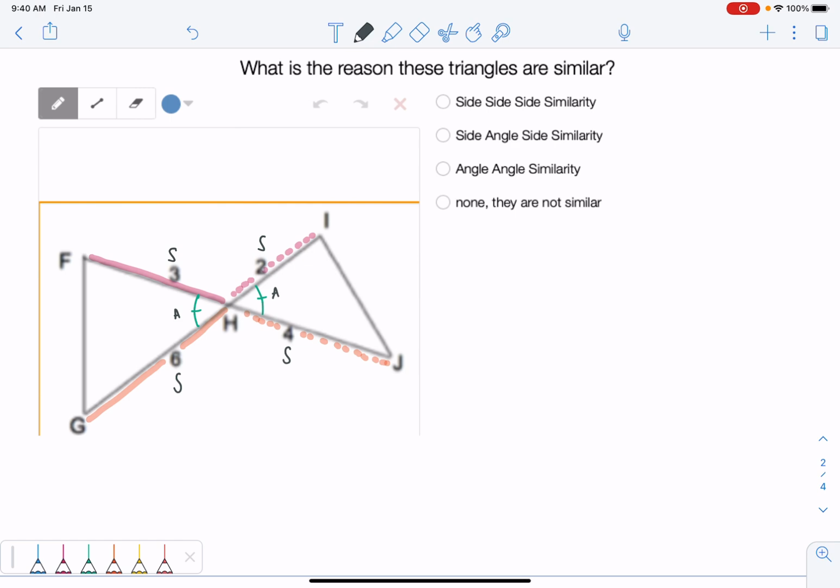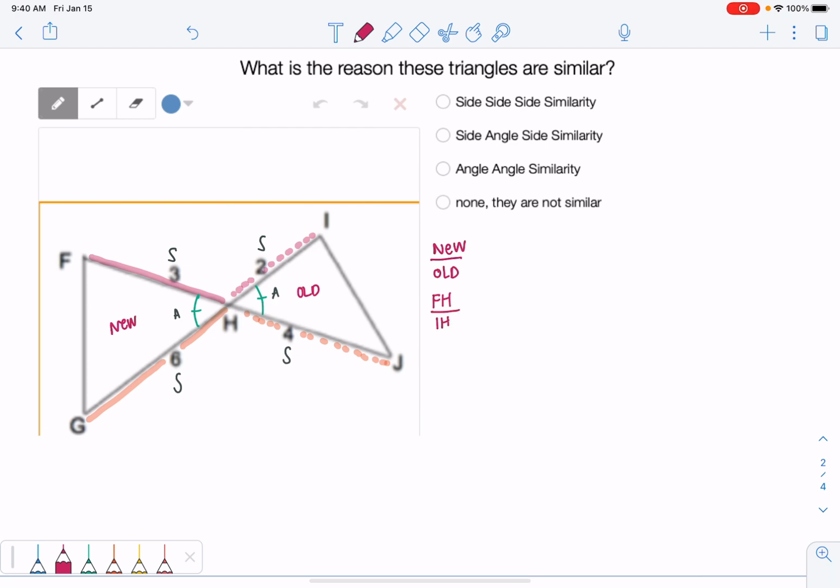But before we assume, we need to check. Let's say left is new, right is old. We get to pick because there's nothing that tells us which one is which, so you would just have to pick. We pick which one's new, which one's old. So let's check. Are the scale factors the same?